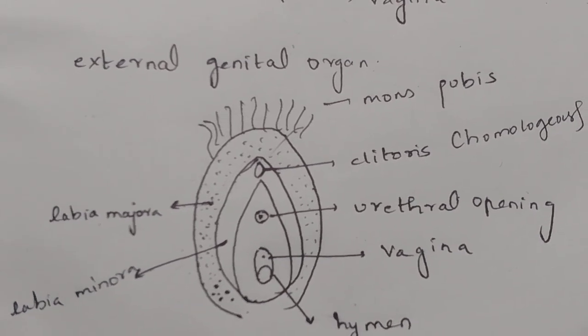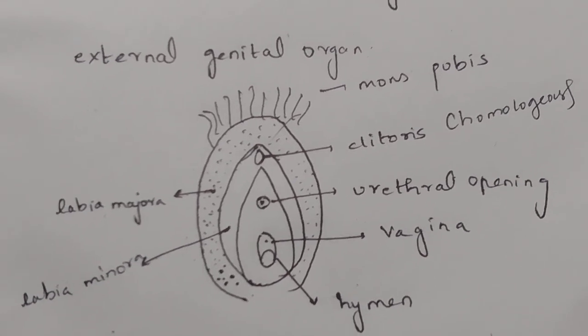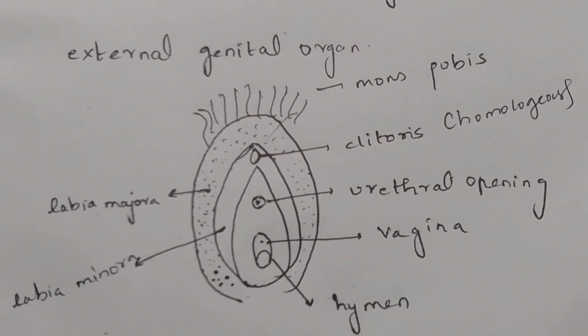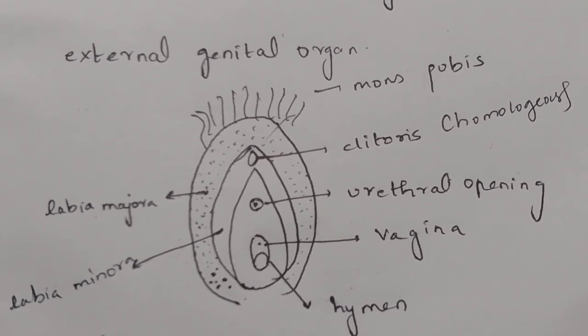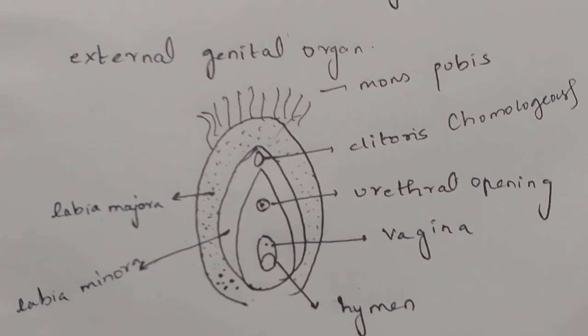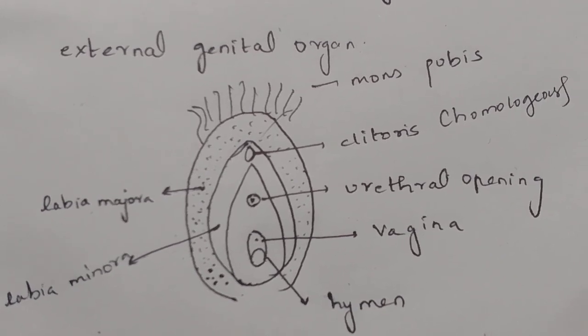And we'll discuss the hymen. The hymen partially covers the vagina with a membrane. The hymen can break at the first intercourse or else while cycling or riding a horse. Even then the hymen can break.